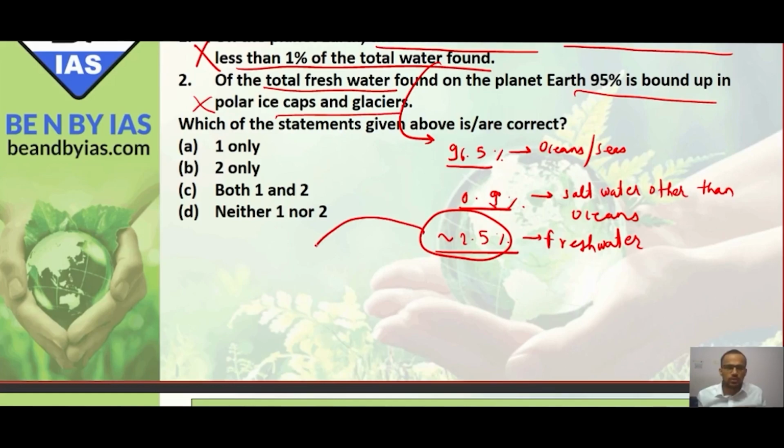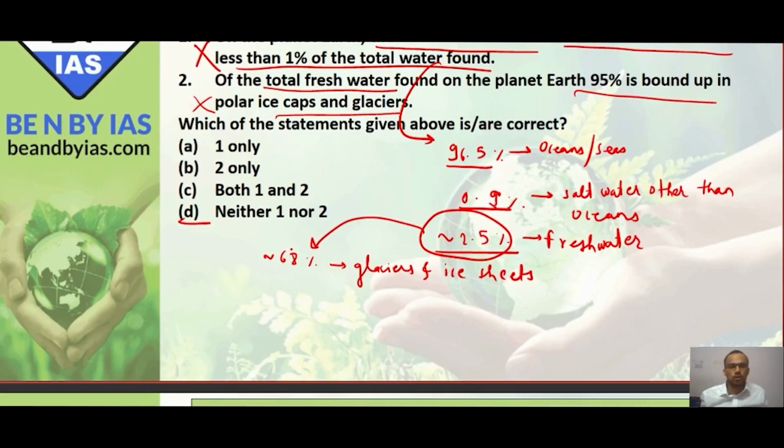Because out of this 2.5%, only around 68% is bound in glaciers and ice sheets. Fine. So that's why the statement becomes false. So the answer is D.